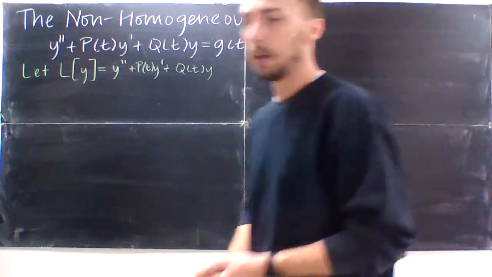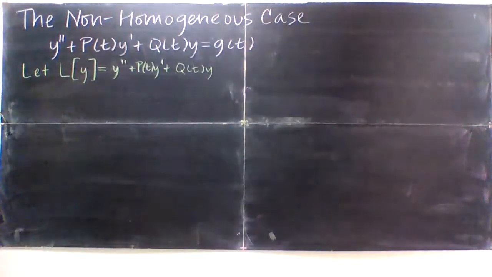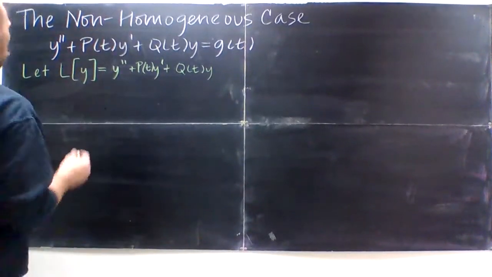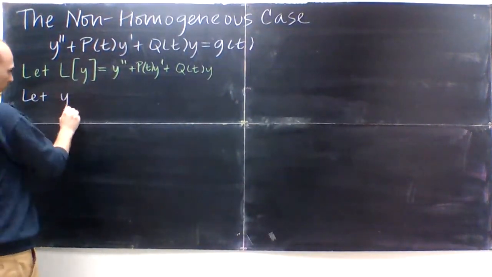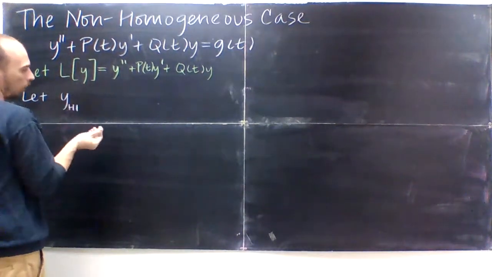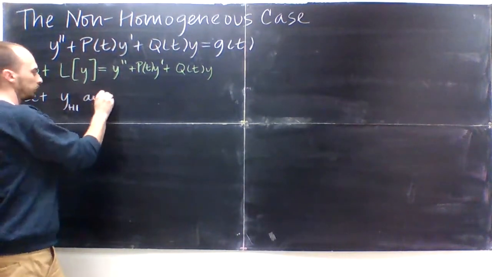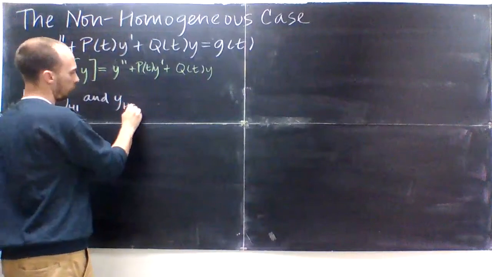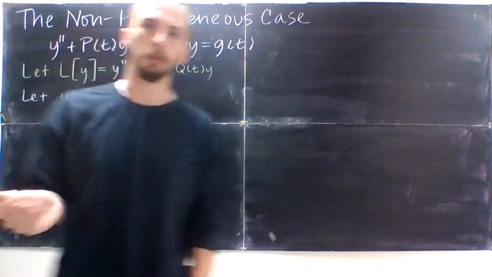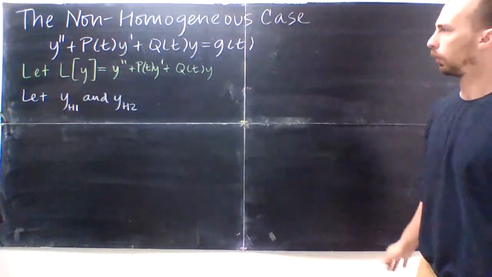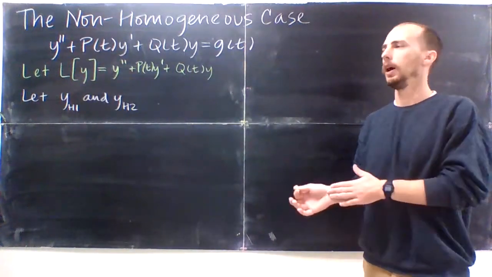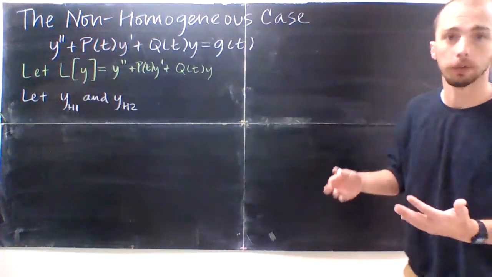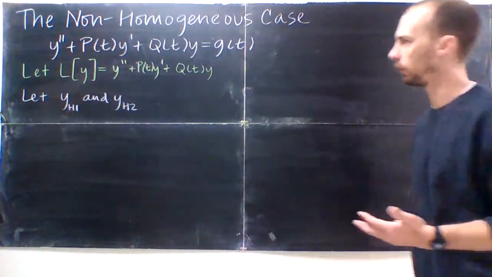Okay, and then I know that there are solutions to the homogeneous differential equation. Let y h1 and y h2 be just two linearly independent solutions to the homogeneous differential equation.